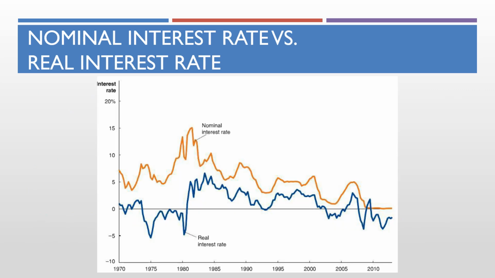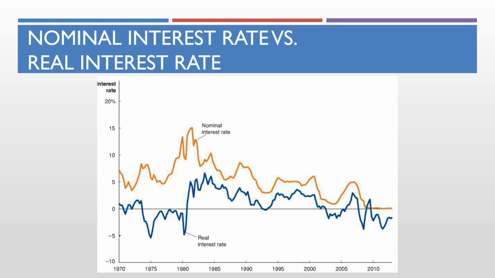Here's an example of the nominal interest rate and the real interest rate movements in the United States across time. Most of the time, they are moving fairly close to each other. There are some times where the real interest rate might hit zero or below. It's basically when we say the real interest rate is going into the negative level.